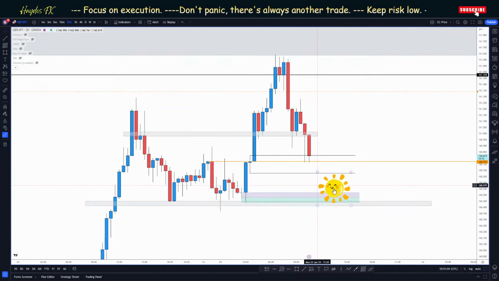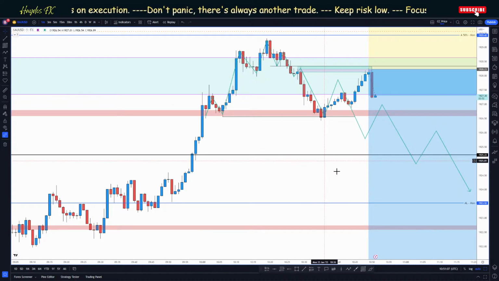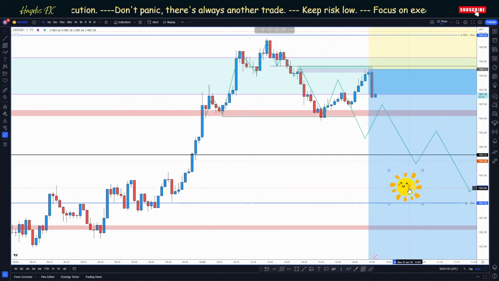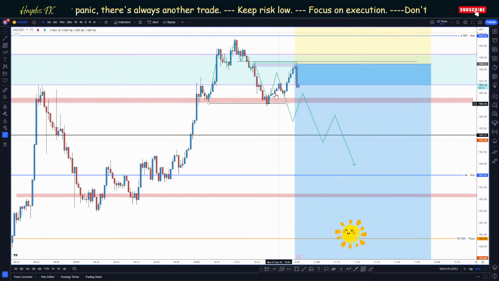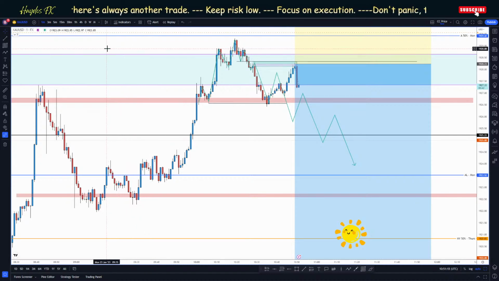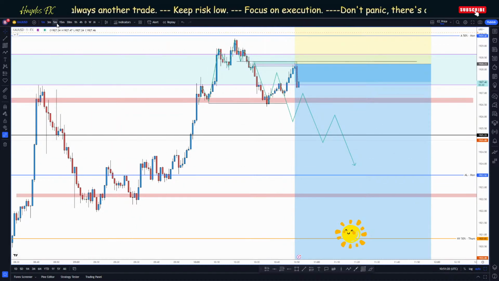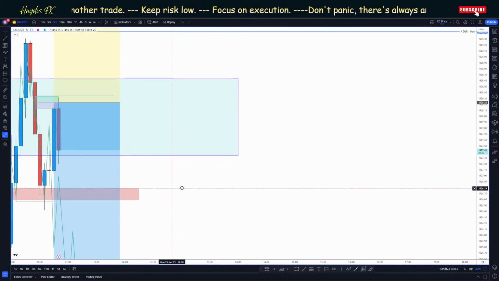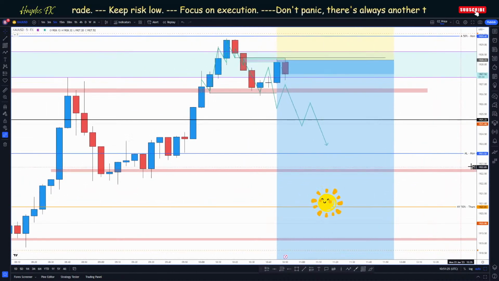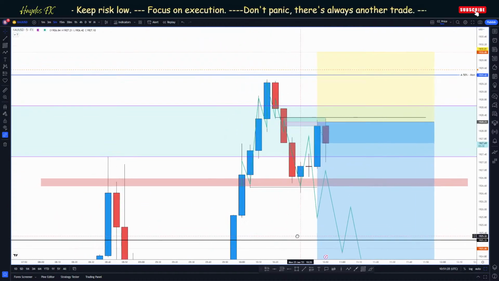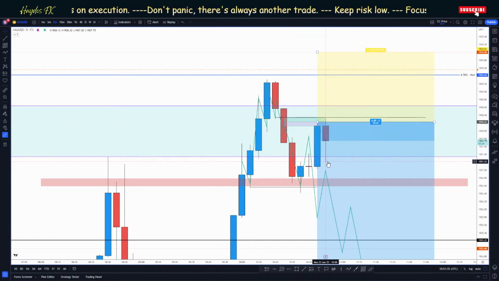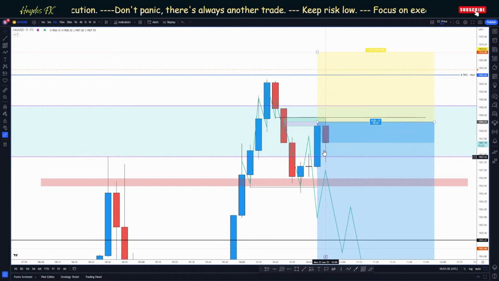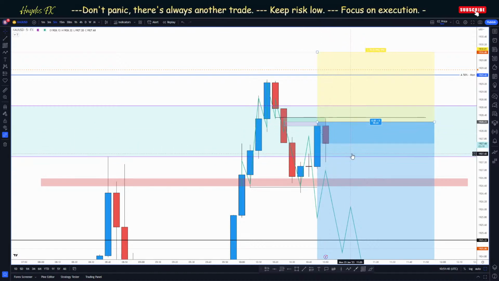Let's get that sun back. There we go. The sun's down here. Come get it. Nice reaction so far, but we don't want it to just respect the low. We want it to do more than that. It was nearly 10 pips up, and I hate it when it goes 10 pips in profit and then comes back to entry.